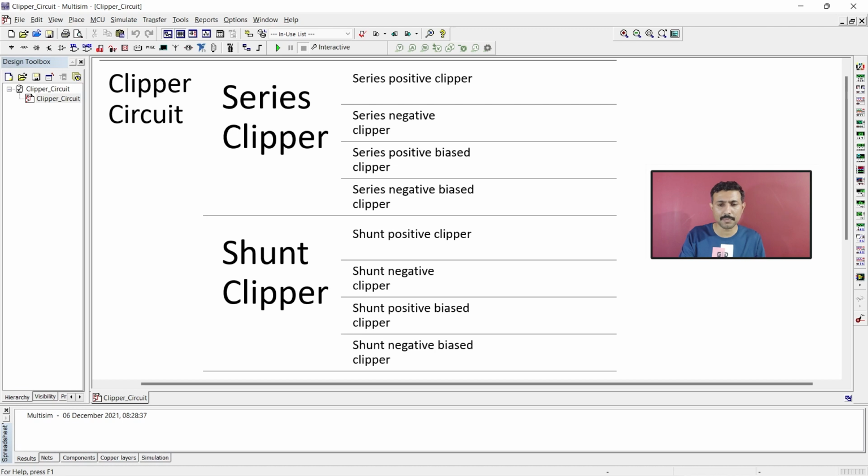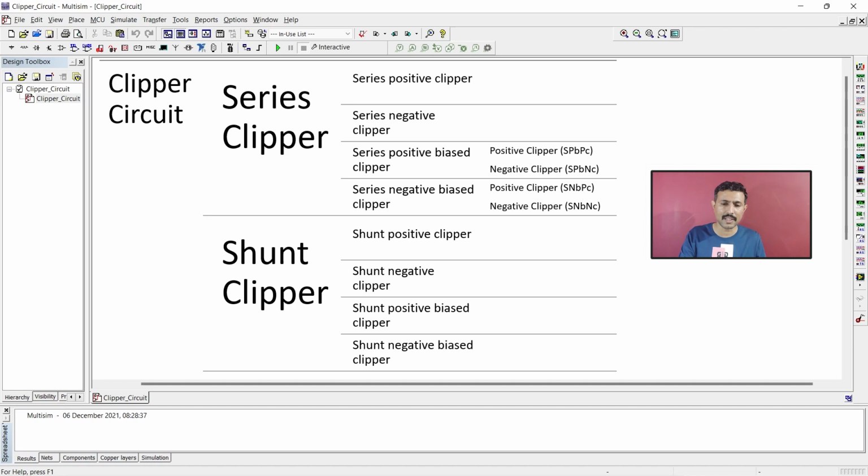Now, this series positive bias clipper is further divided into series positively biased positive clipper and series positively biased negative clipper. Now, series negatively biased clipper is also subdivided into series negatively biased positive clipper and series negatively biased negative clipper.